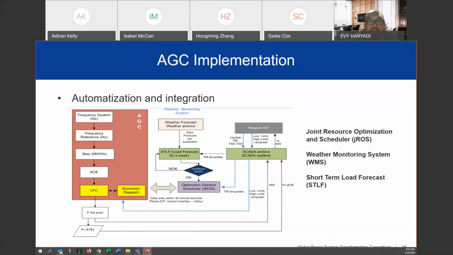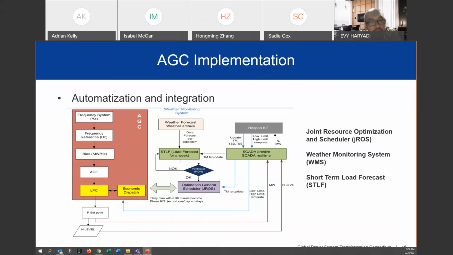Another project that must be finished is related to our LFC and AGC. In our system now, because we only have old technology generators that do not support AGC implementation, we are using the LFC system.